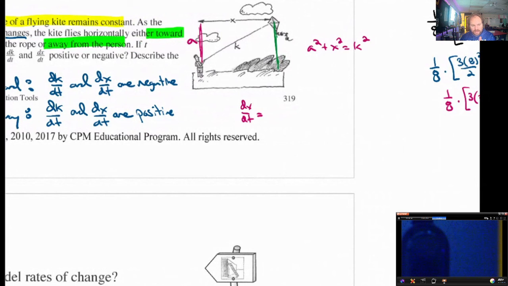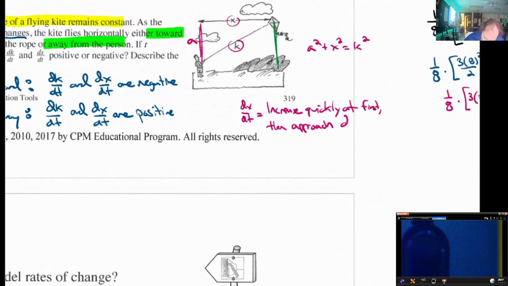It's going to increase very, very quickly at first, but then as you let more string out, as x and k approach being the same number, they're going to start approaching each other at the same rate. So it's going to increase quickly, and then it's going to approach whatever dk/dt is.